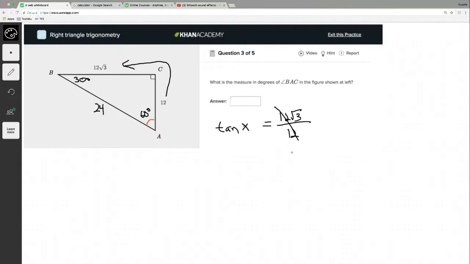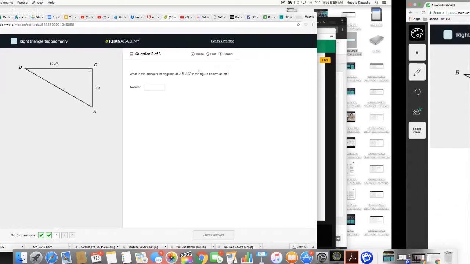And this simplifies to root 3. So tangent of x equals root 3, and then you could take arctan of both sides. Arctan is just the inverse of the tangent function. So arctan of root 3. This crosses off, and whatever arctan of root 3 is would be your answer, and it should be 60. Let's plug it in here.